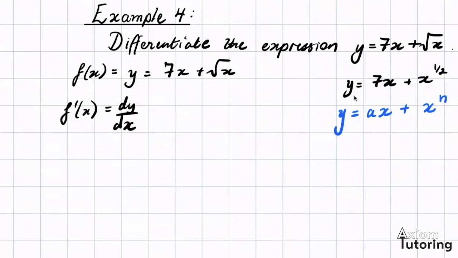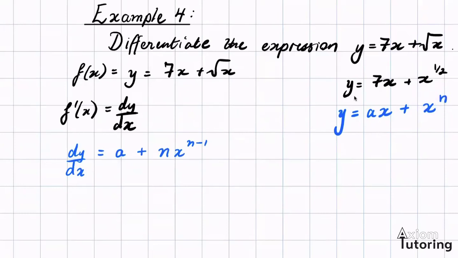So our dy over dx is equal to a for that first term. When we differentiate a times x, we get a, and our second term is going to be n times x to the n minus 1. So we bring down the n, and then we subtract 1 from the power.